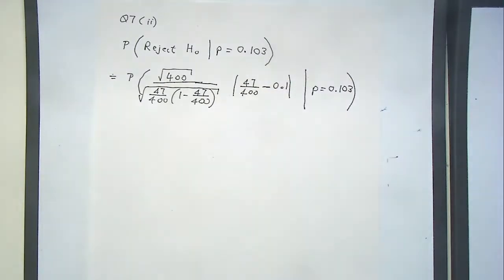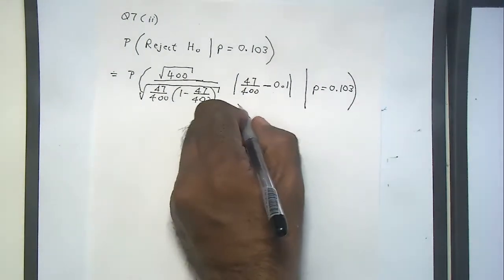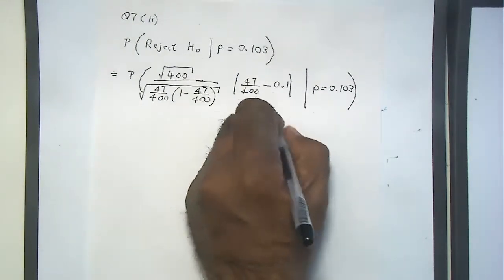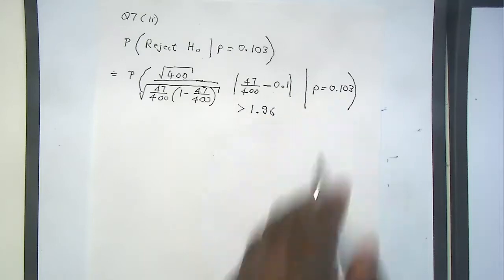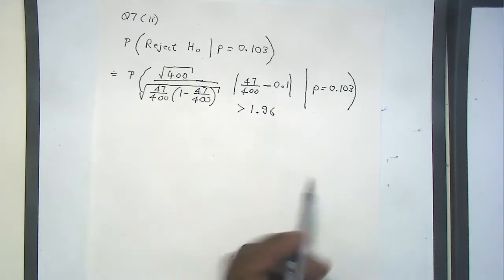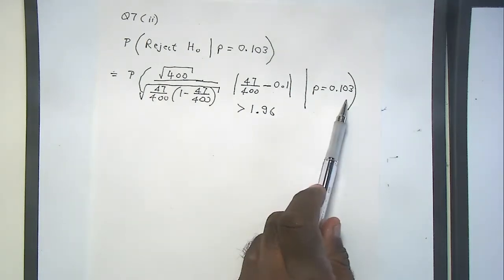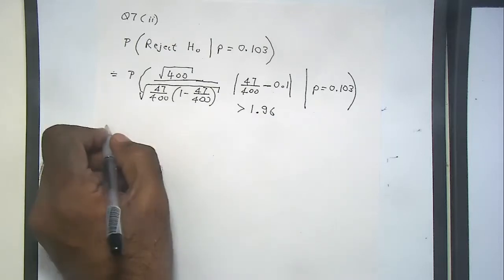Okay, so this is what you need to find. You need to find the probability that this is greater than 1.96, given that the true value for P is 0.103. So what you need to do is basically change the 0.1 here to 0.103, right?